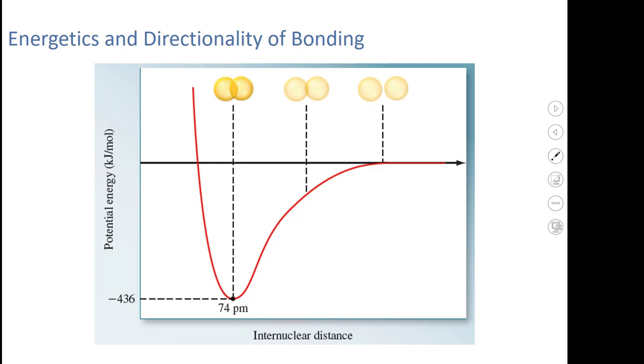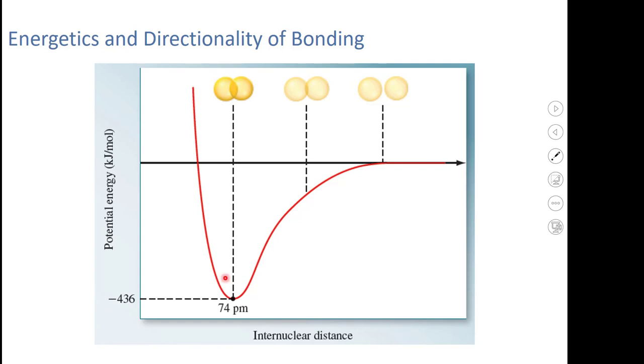So as they get closer and closer together here, the distance between, the potential energy is going to start dropping and dropping and dropping until it hits this perfect spot where the energy is very low. As they get further and further apart, the energy is going to increase until they even out. When those atoms are so far apart, they're basically not interacting with one another.